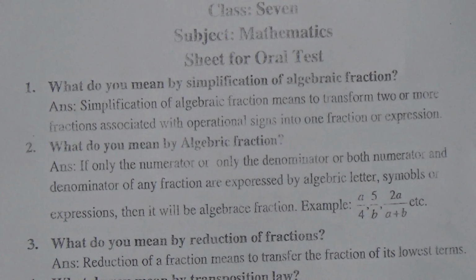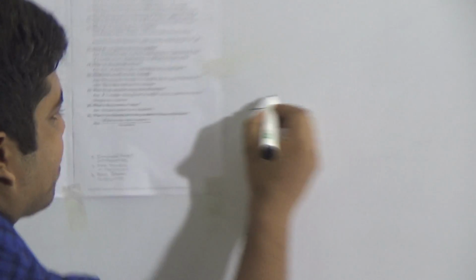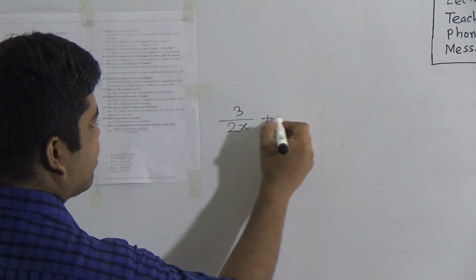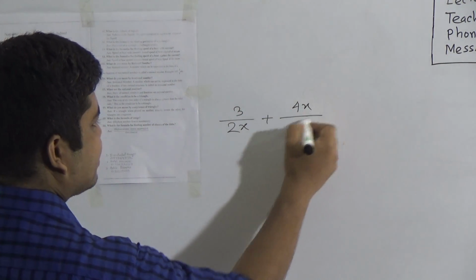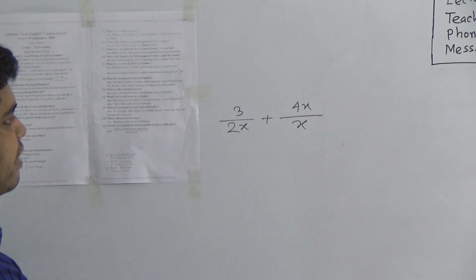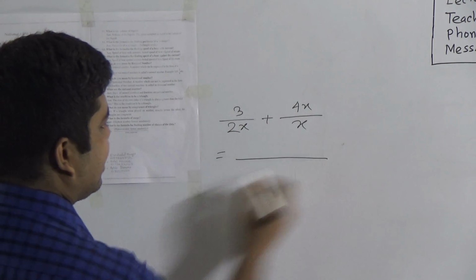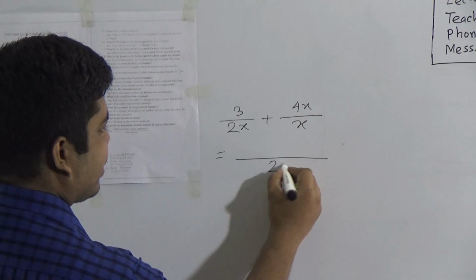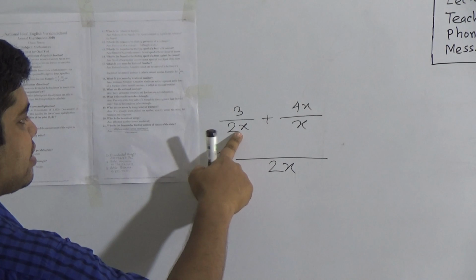Please notice an example. 2x divided by 3 plus 4x divided by x. At first we find the LCM of 2x and x. It is 2x. Now we divide this 2x by 2x, we get 1.